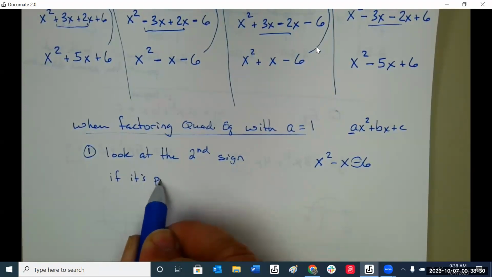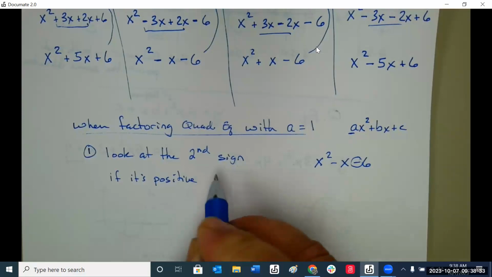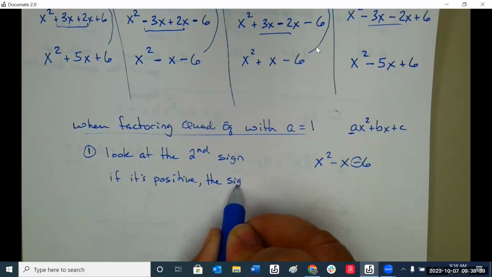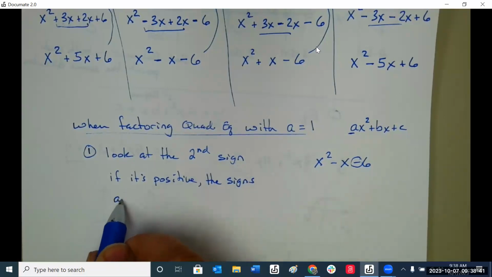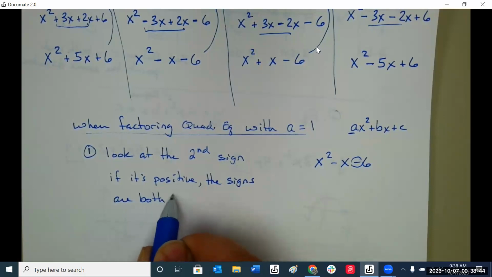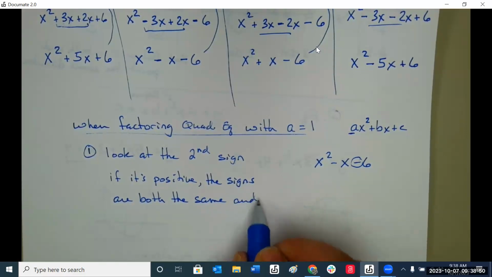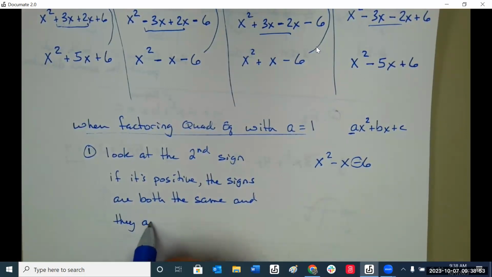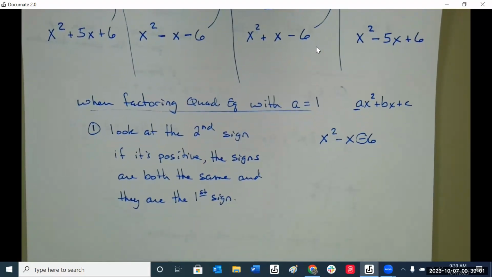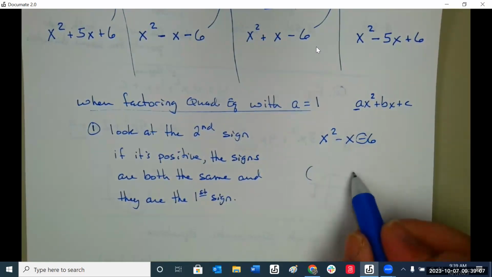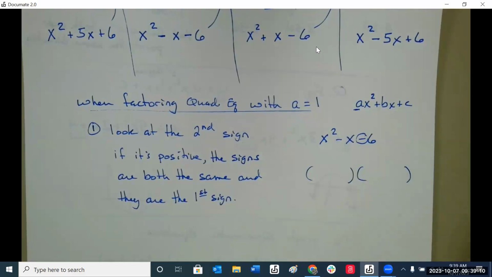If it's positive, then the signs are both the same, and they are the first sign. So if the second sign is a positive, that means both of the signs inside these parentheses are the same.